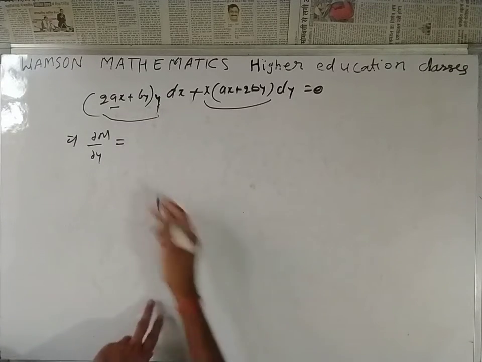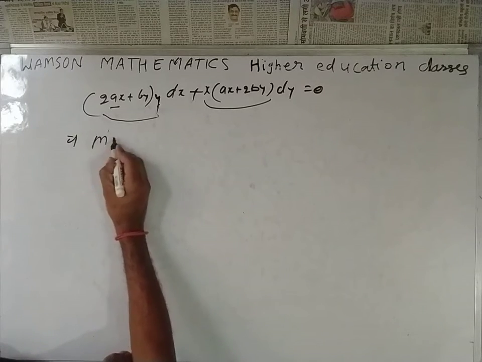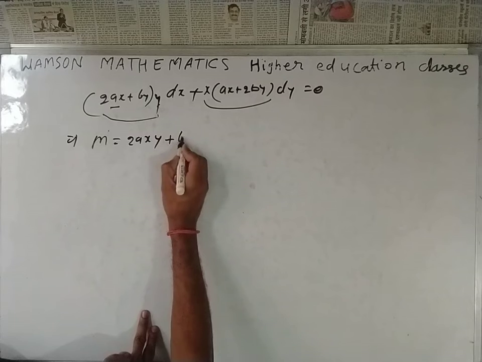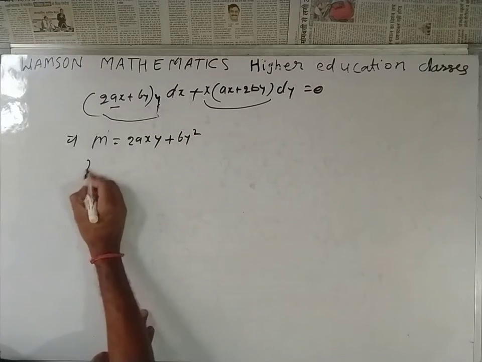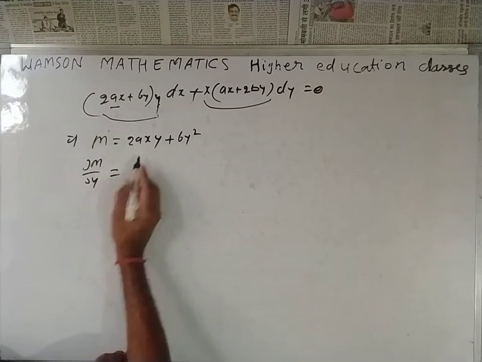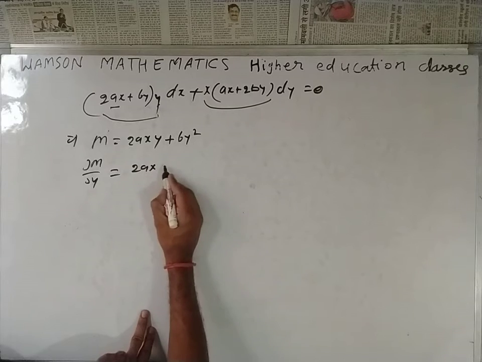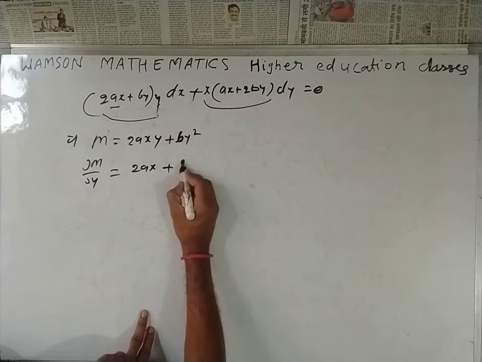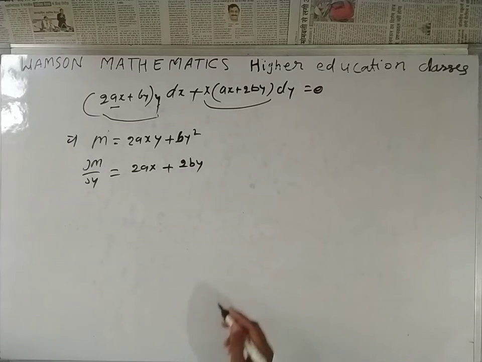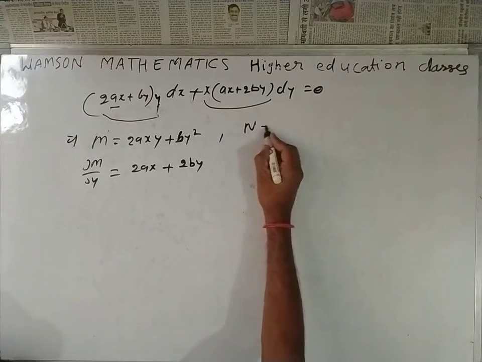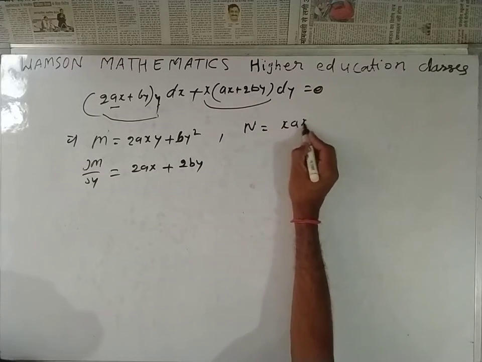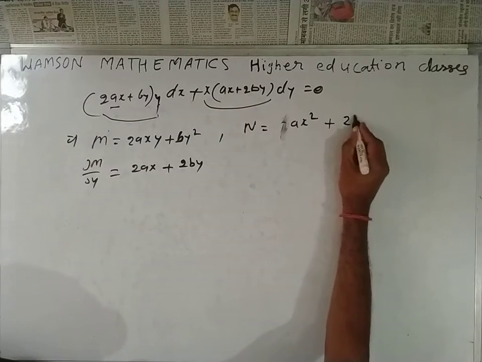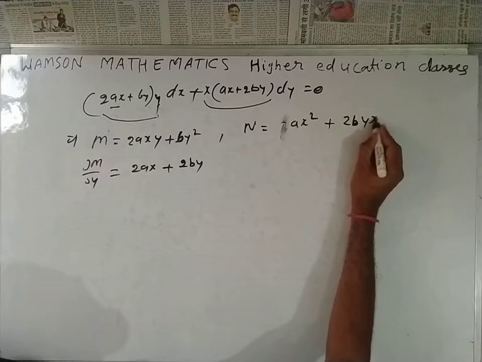By chain rule, M is nothing but 2axy plus 2by square, and now the partial derivative of M with respect to y is nothing but 2ax, and this is b, so 2by. Here the given N is nothing but ax times x square, because this multiplies, and 2byx.